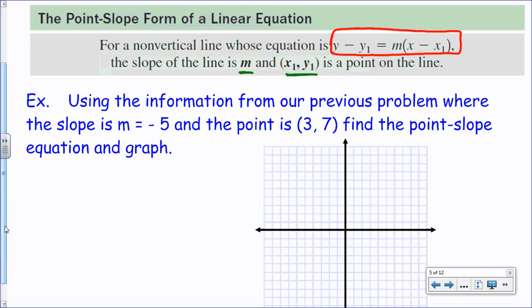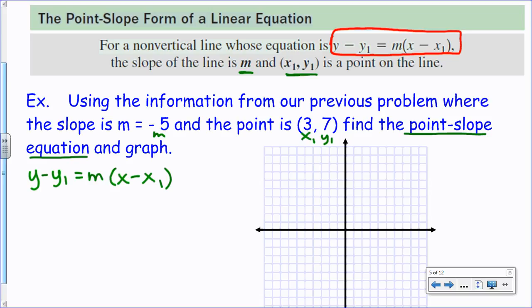So using the information from our previous problem, where the slope is -5 and the point is 3, 7, find the point slope equation. So now I'm doing point slope and graph. So point slope, y minus y1 equals m parentheses x minus x1. So -5 is m. My given point is x1, y1.